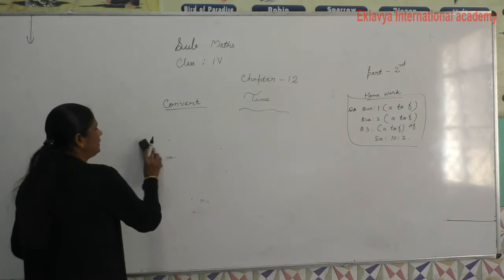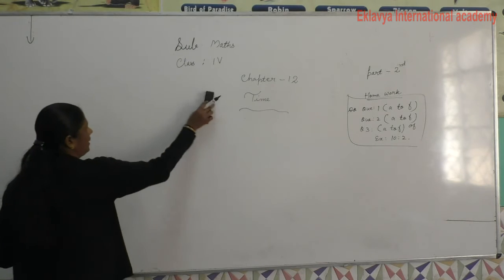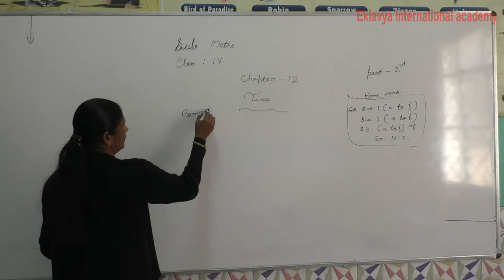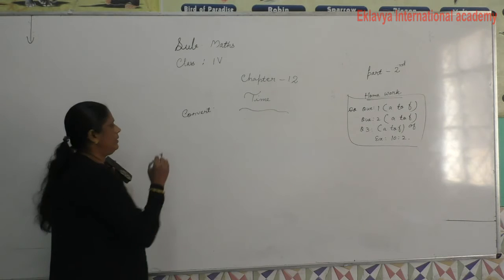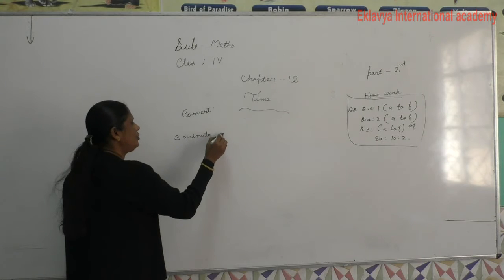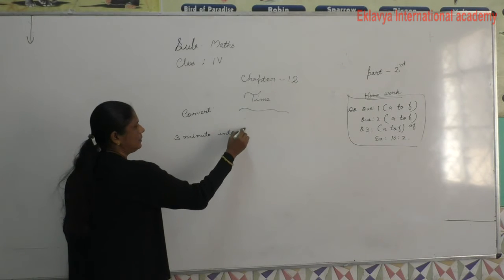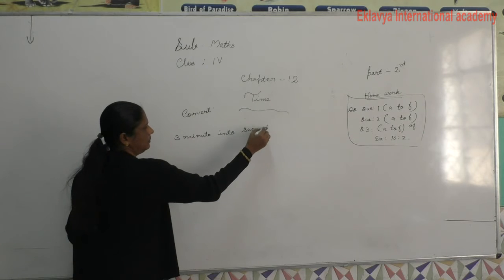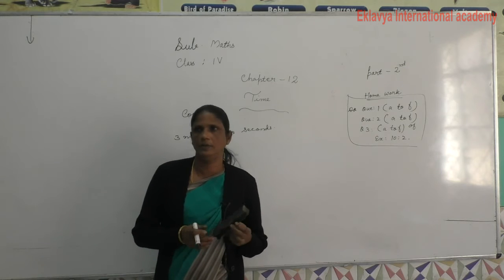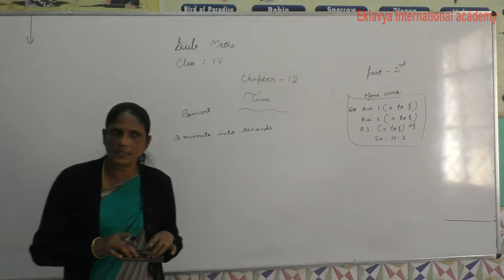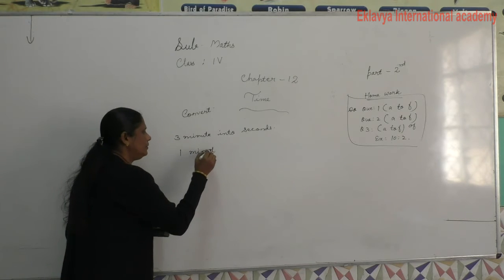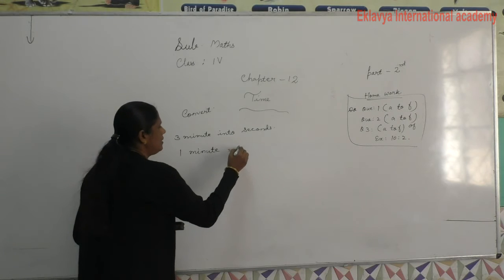Now, next convert minutes into seconds. Minutes into seconds. 3 minutes into seconds. 1 minute is equal to 60 seconds.